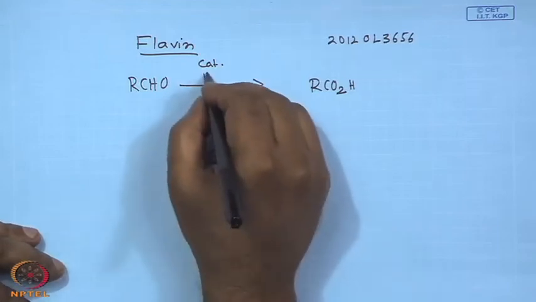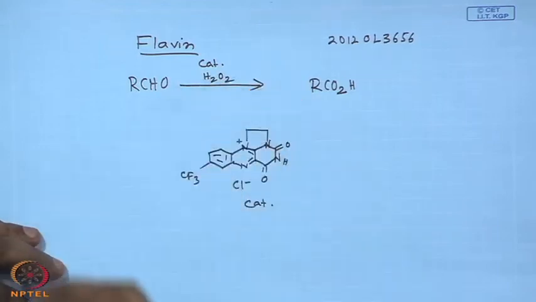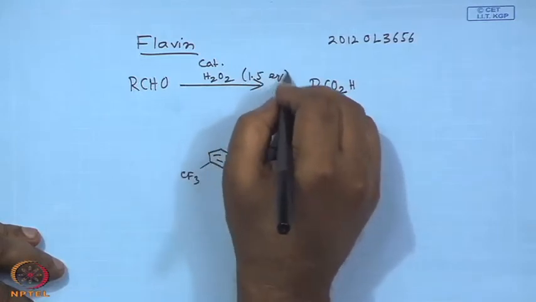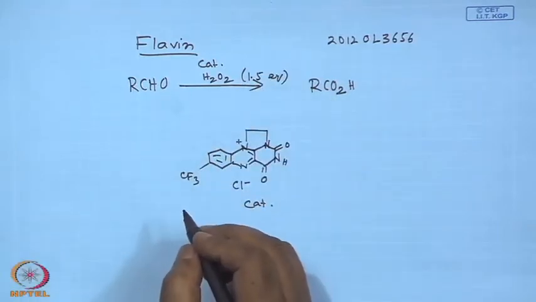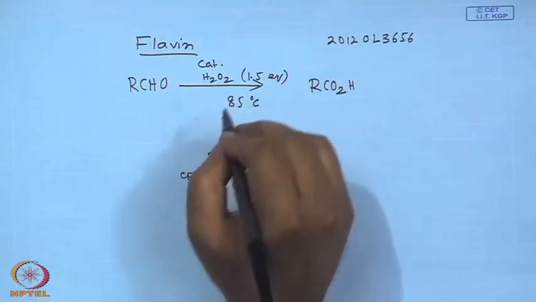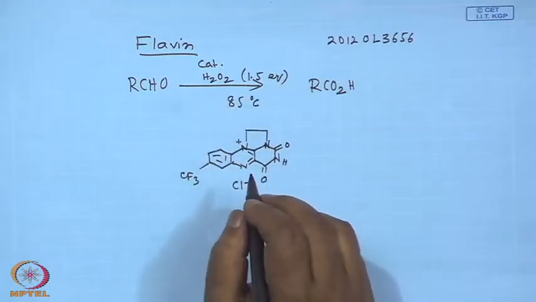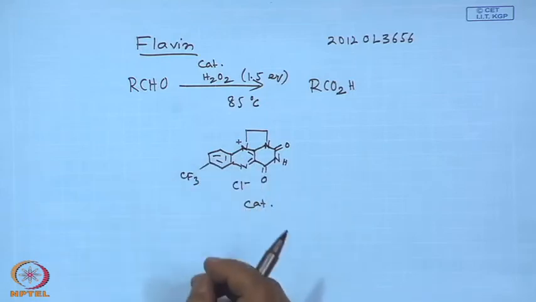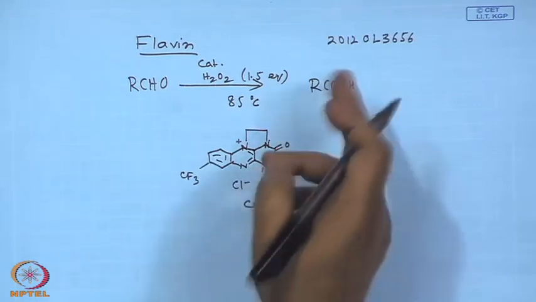You just use 1.5 equivalent of hydrogen peroxide, not much, and you have to heat it at 85 degrees centigrade. The catalyst amount required is very little, only 2.5 mole percent.